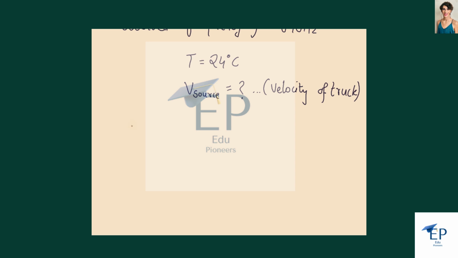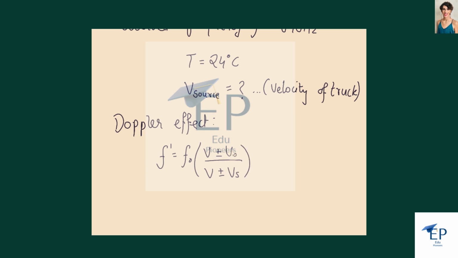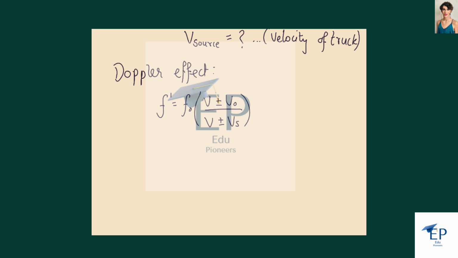In order to do this, we will use the Doppler effect. According to the Doppler effect, we have this equation: f prime is equal to f naught times v plus or minus vo, divided by v plus or minus vs, where vo is the speed of the observer, vs is the speed of the source, and v, just v, is the speed of sound.